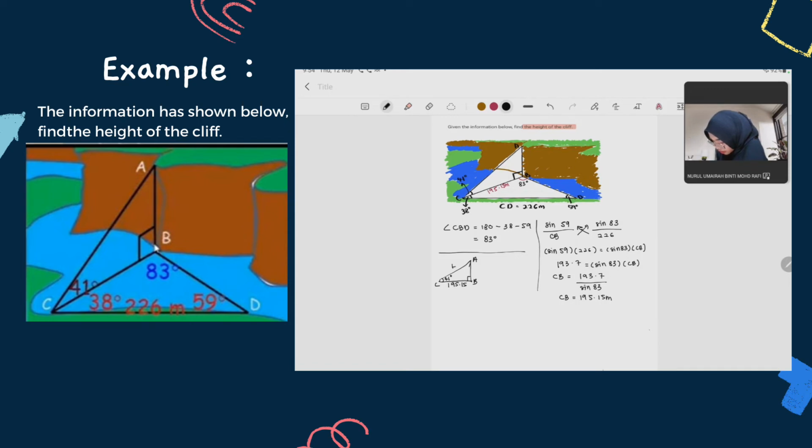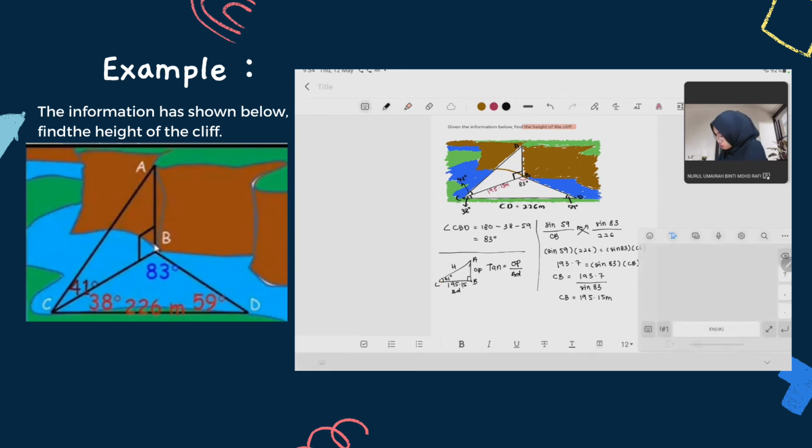We know that this is the hypotenuse, this is the opposite, and this is the adjacent. So we have the adjacent and also the angle of C, so we need to find AB. You can use tangent equals opposite over adjacent.